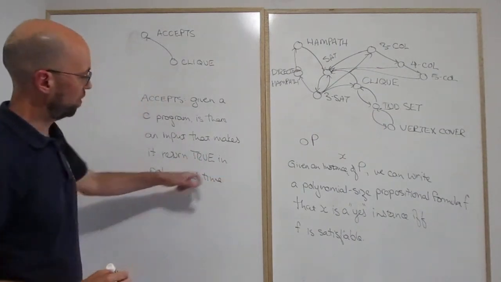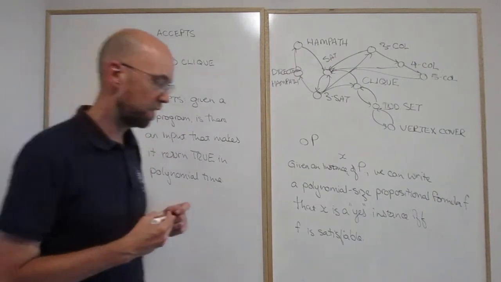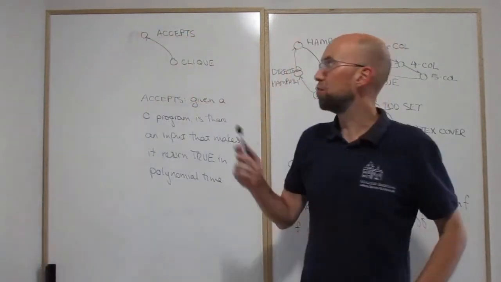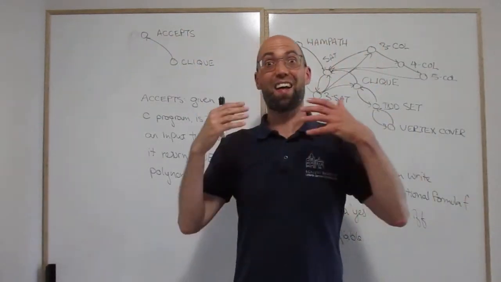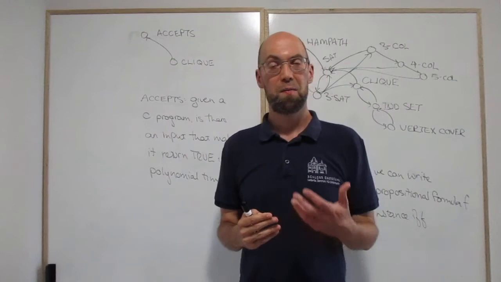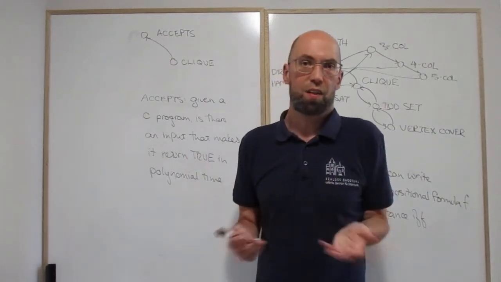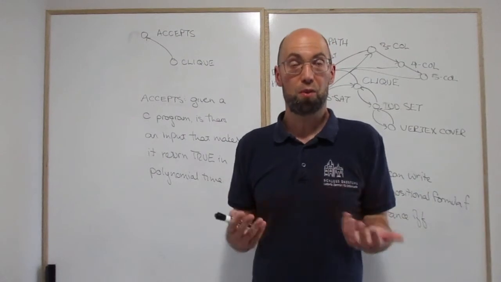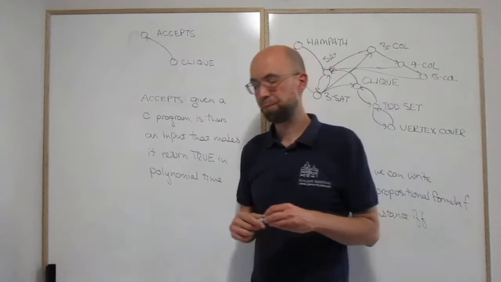And by polynomial time, I actually mean polynomial in the size of the program. So actually, when I reduce clique to accepts, I will be able to work out exactly how much time I need to give, because I can figure out how many operations the program is going to need to check the input.